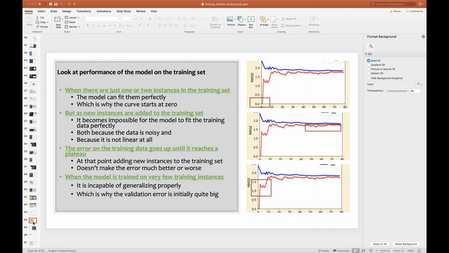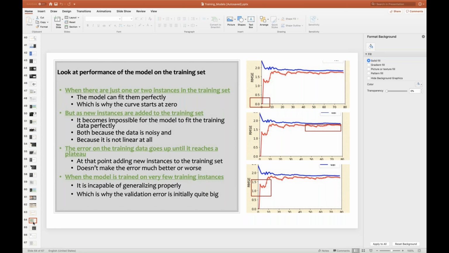Look at the diagram on the right side in the second one. Now, it doesn't make the error much better or worse. When the model is trained on very few training instances, it is incapable of generalizing properly, which is why the validation error is initially quite big.